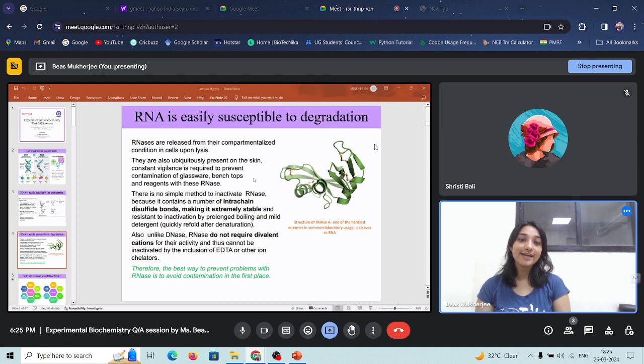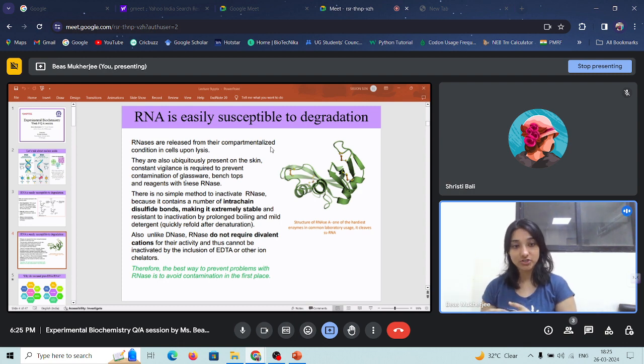RNase A has this property of hydrolyzing or breaking single-stranded RNA. RNases are released from the compartmentalized condition in cells upon lysis. So basically, we will study about the isolation and purification of nucleic acids.